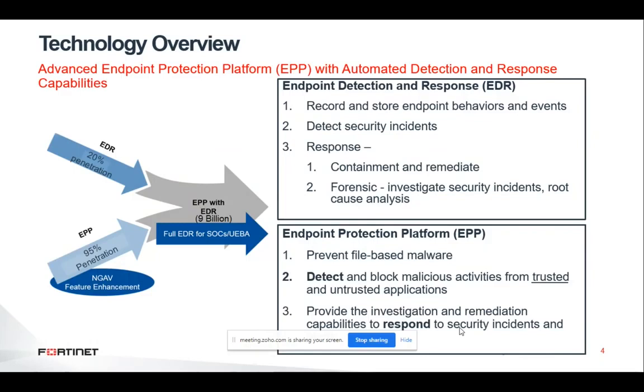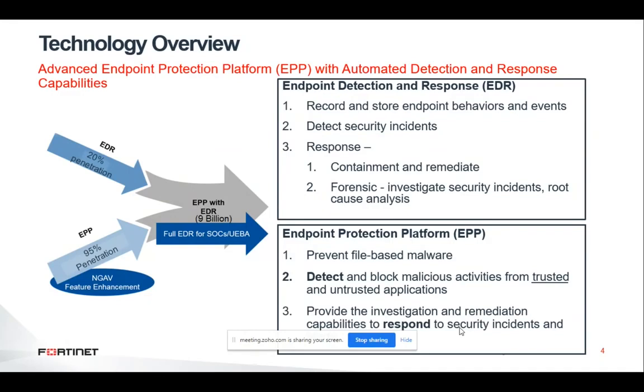Response options were primarily limited to a simple alert when a security incident happened, or maybe quarantining a suspicious file. By contrast, endpoint detection and response products record both events and security events to analyze later.